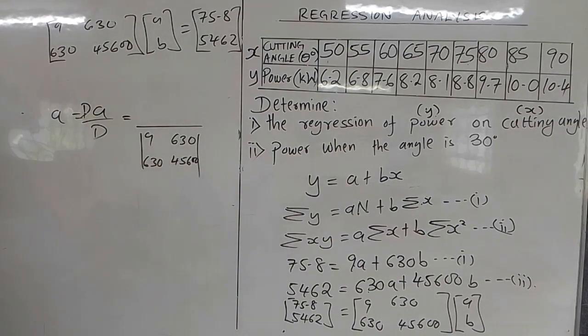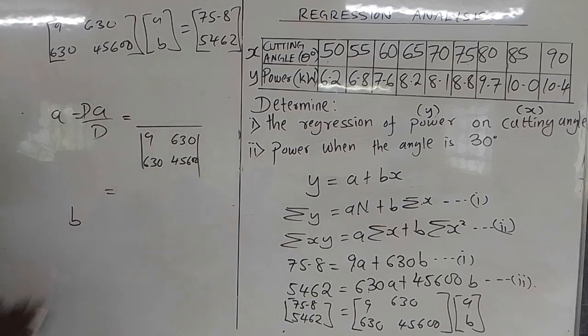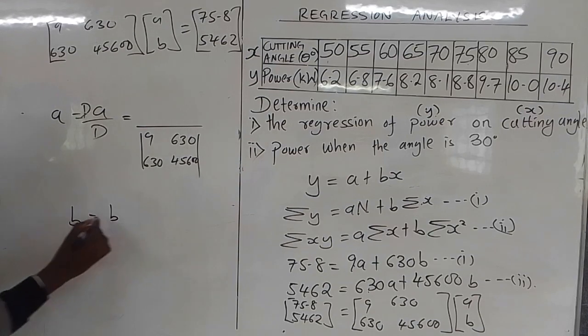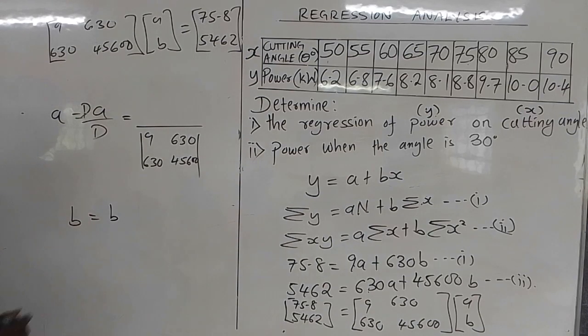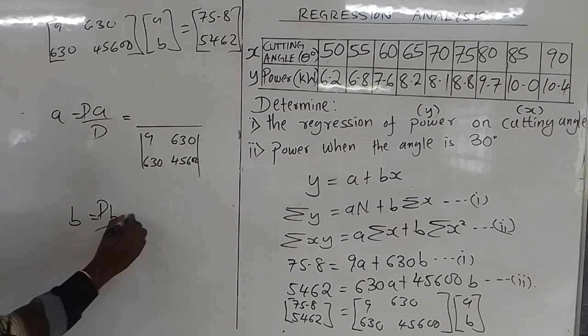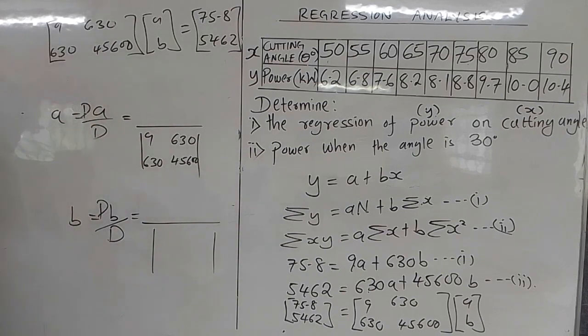Then what is B? You leave a space where you are going to write the answer. I have still not placed what is in the numerator. What is B? B is equals to D of B over D. So this matrix in the denominator is the coefficient matrix you have there, isn't it? I've not found what is DA and what is DB.